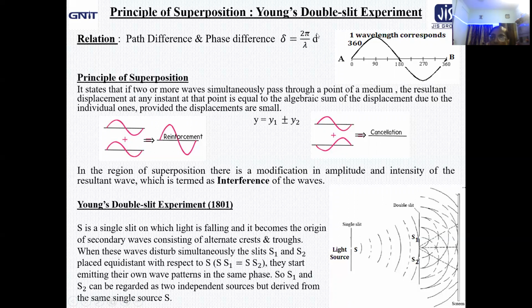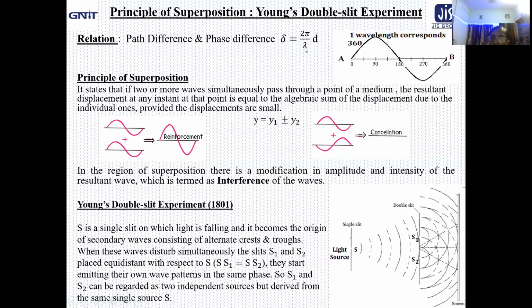So lambda path difference corresponds to phase difference 2 pi. So any unknown path difference d represents the phase difference as 2 pi by lambda into d.